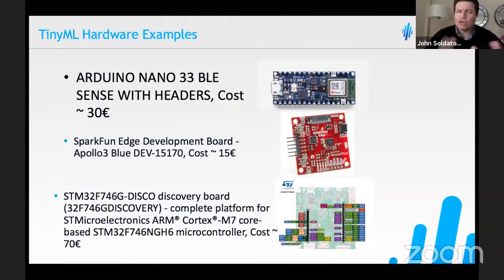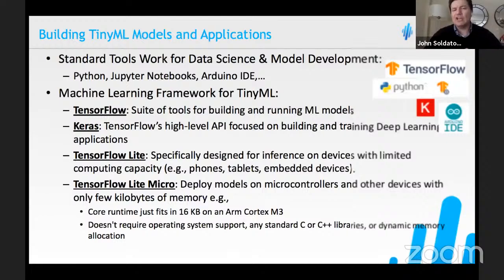So here are some boards that, even if you are a researcher or a developer, you can start experimenting with. Very cheap boards like the Arduino Nano 33 BLE that you can take, and you can have a very nice pipeline of tools, which are the usual tools we use for embedded programming, like Arduino IDE, and for machine learning, like Python, TensorFlow, Keras.